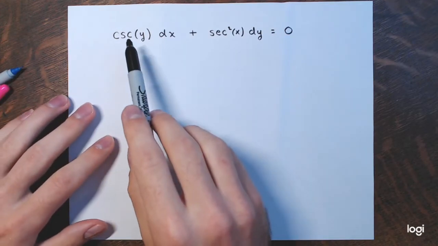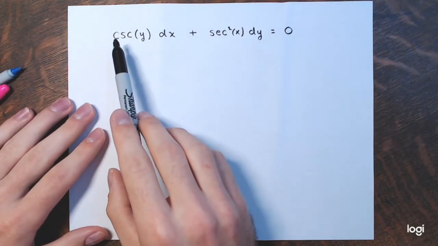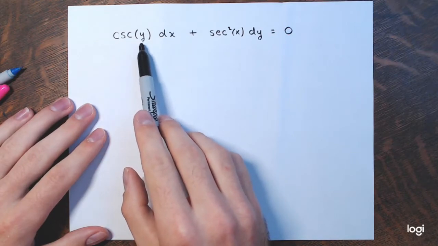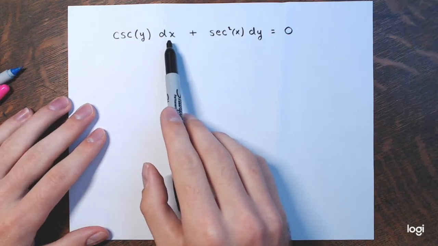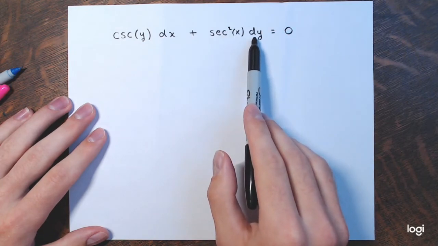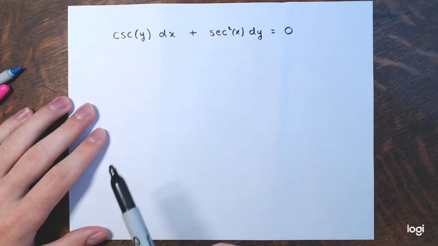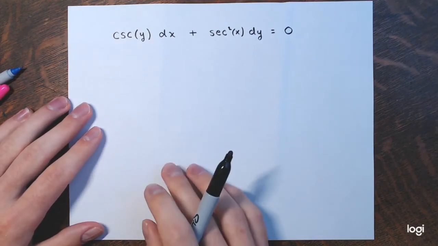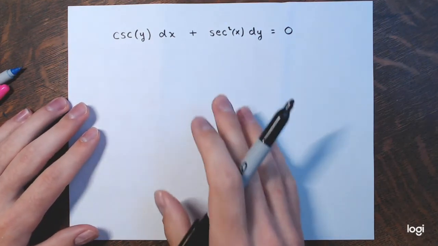All right, so this last one, we have cosecant of y times the differential of x plus secant squared of x times the differential of y equals 0. All right, so same deal. I'm going to show you that it's separable.